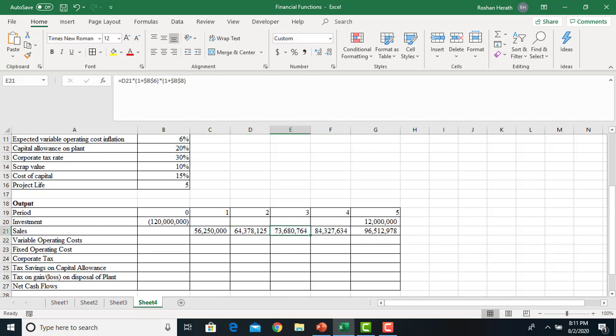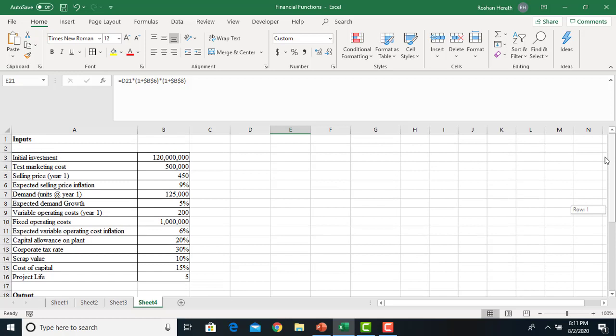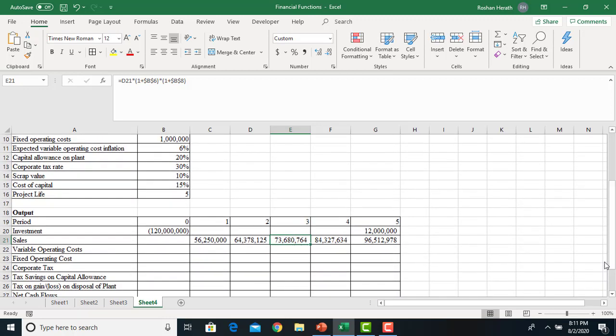Now the variable operating cost, we'll see what the situation is. In year 1, it's going to be 200 into the demand. Thereafter, expected growth is there. Expected variable cost inflation is given as 6%. You should consider that. In year 1, as usual, it's a minus.